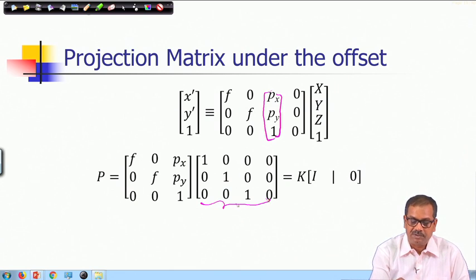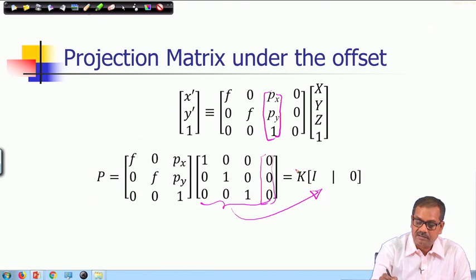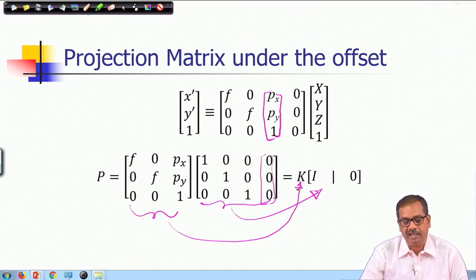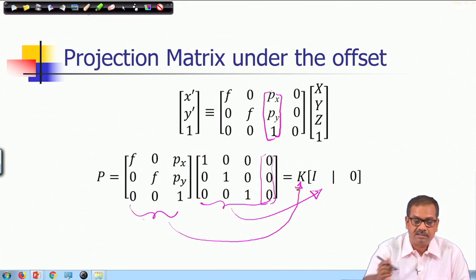So, this mapping is very simple, it is an identity matrix, and this column is the 0 vector column, and once again this is represented by this particular matrix, and K is representing this 3 cross 3 matrix. So, this 3 cross 3 matrix is represented by the symbol K here, which is incidentally called the calibration matrix.